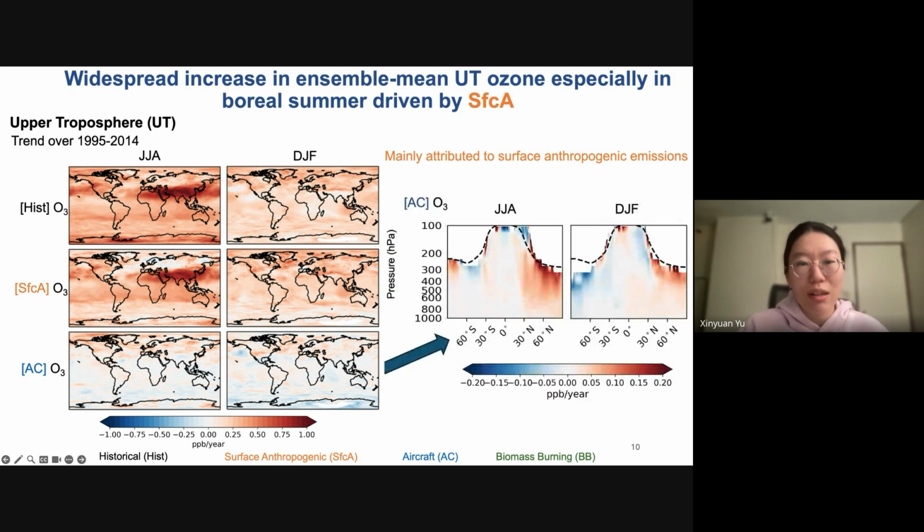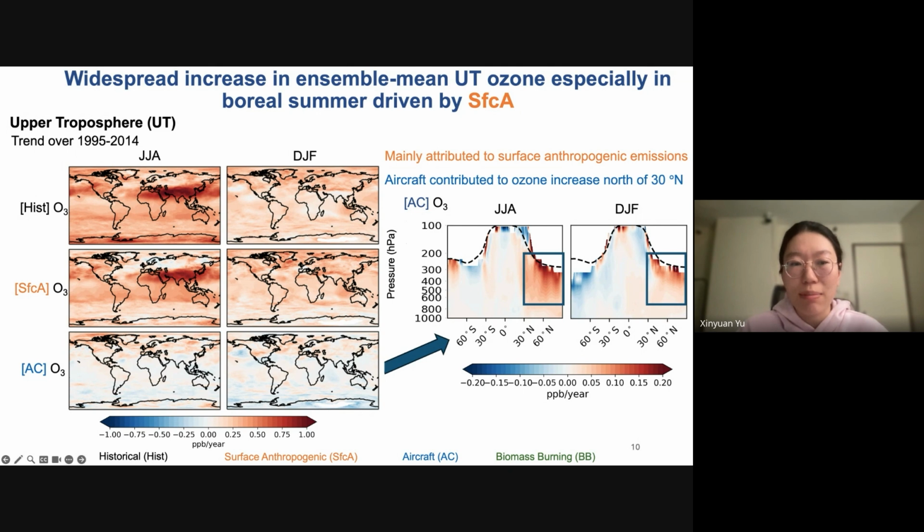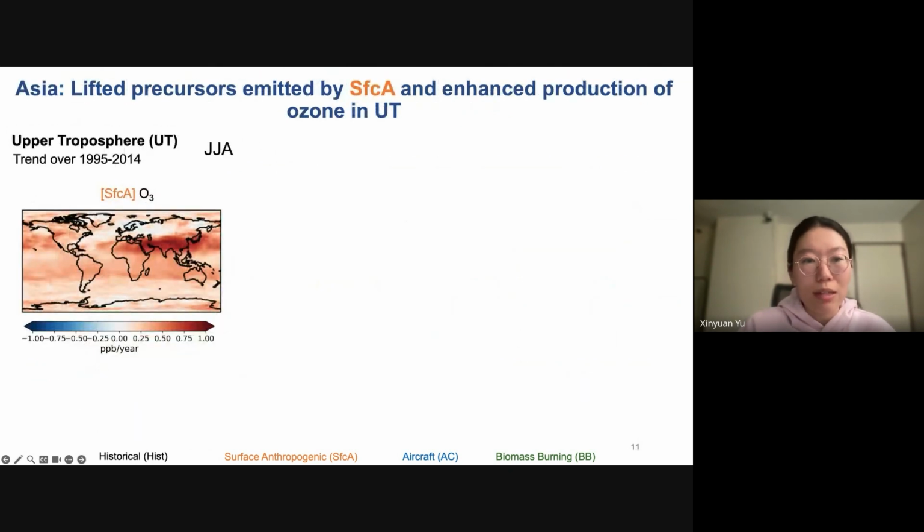And I do additional averaging along the latitude to see if we can get a signal for aircraft. And as you can see, that aircraft signal clearly contributes to the increase of the ensemble mean ozone north of 30 degrees north.